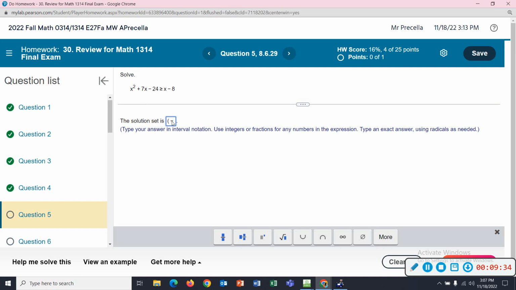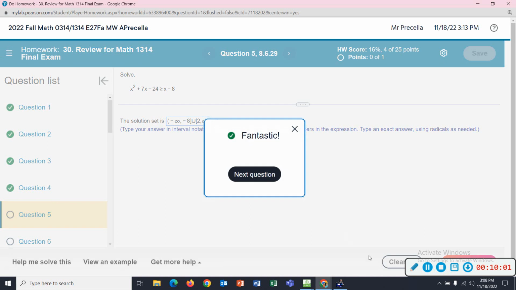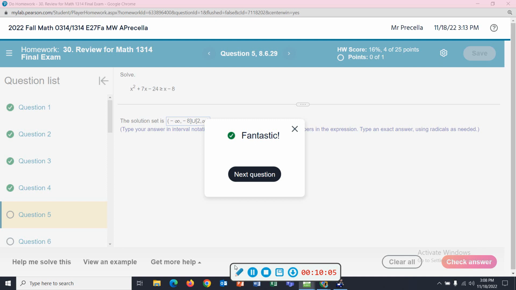Parentheses, negative infinity, comma, negative 8, square bracket, union, bracket, 2, comma, oops, I hit the wrong thing, infinity. Always put parentheses at infinity symbols. Okay, let's go on to the next problem.